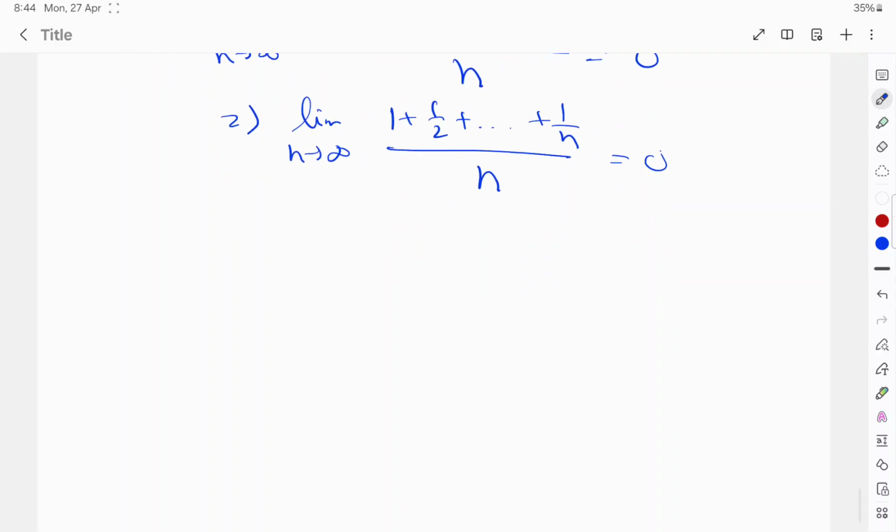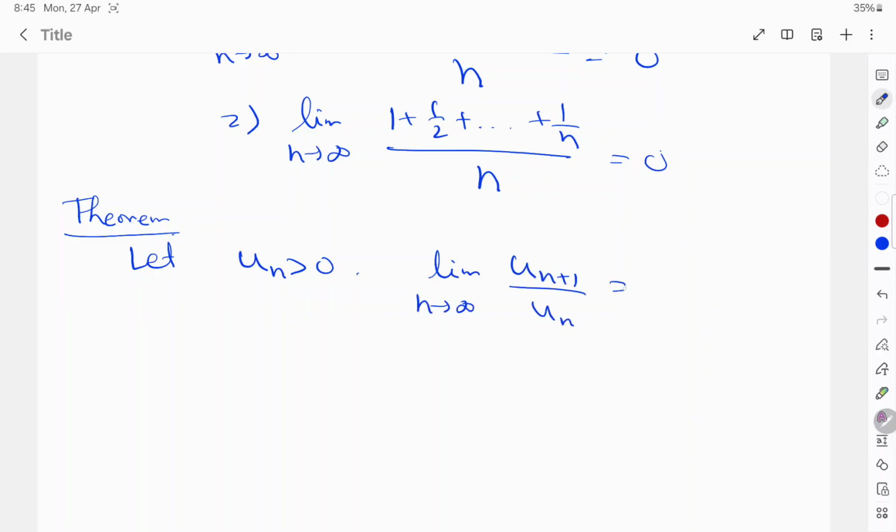There is another theorem. Let un greater than 0, that is a sequence of positive numbers, and suppose limit as n tends to infinity of un plus 1 by un is L. Suppose I am writing L is some finite number, because otherwise there are so many parts.